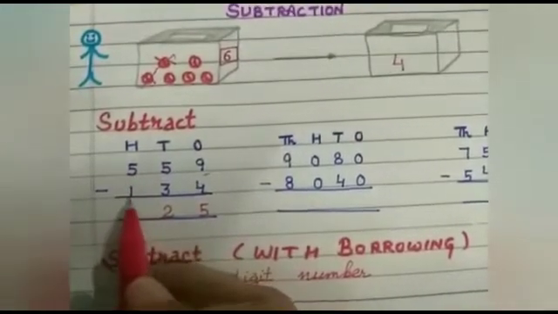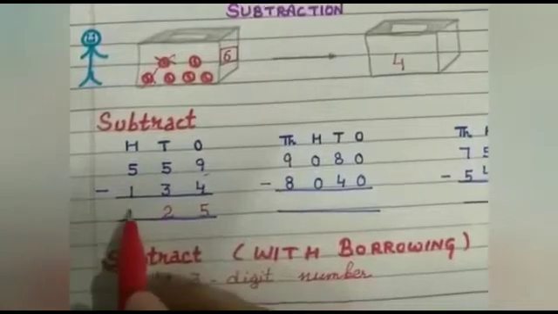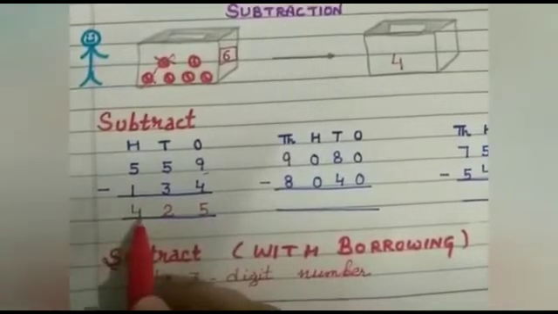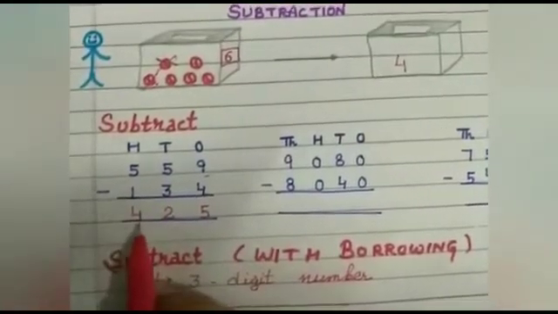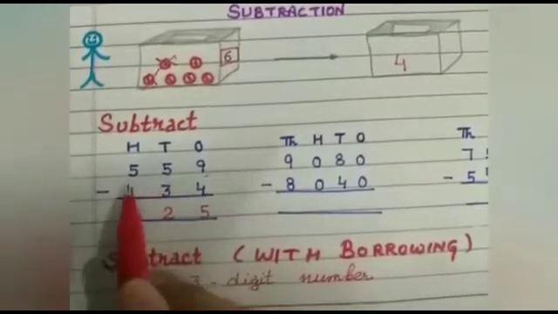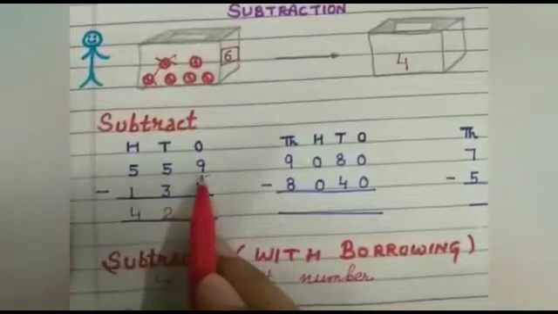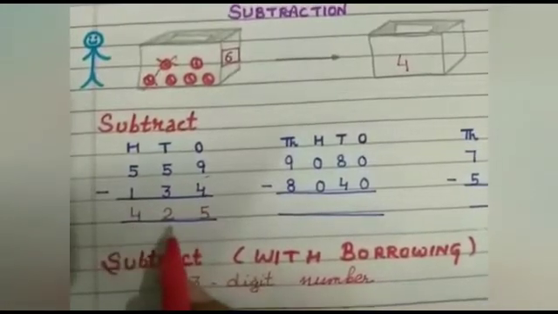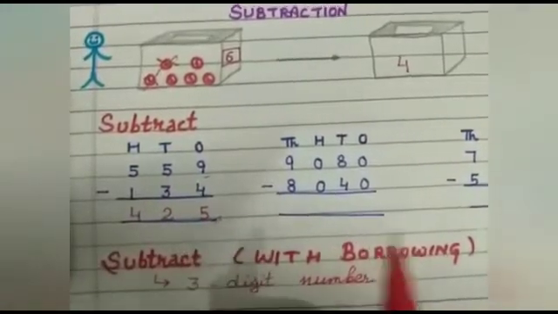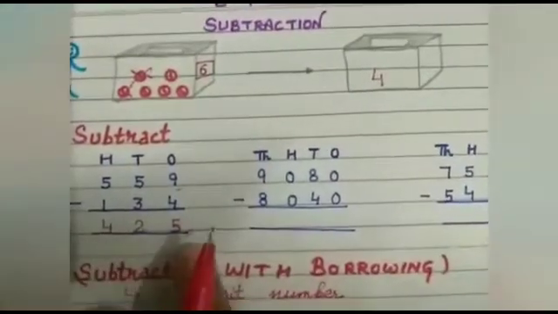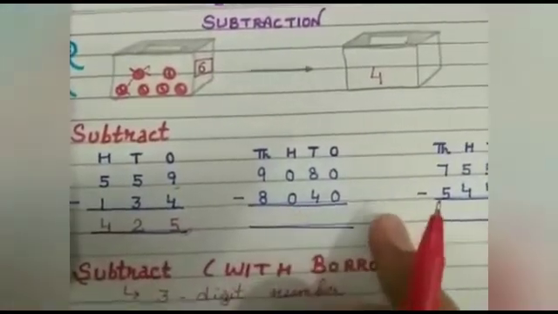Now out of 5, 1 is subtracted. It means how many are left? 4. So your answer is 425. If you subtract 134 from 559, you will get 425.